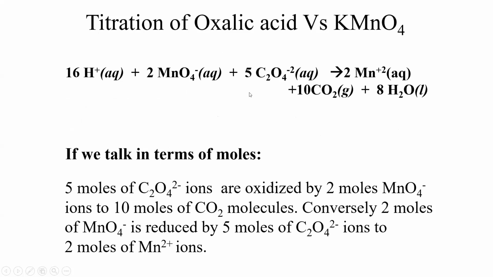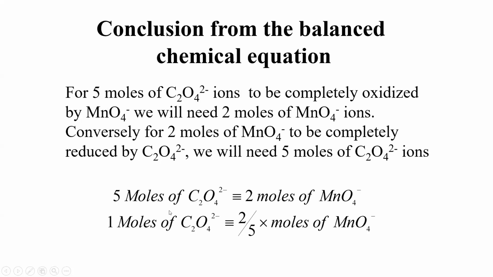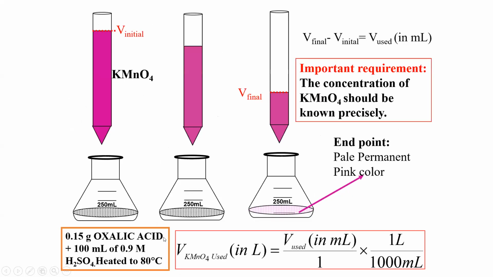You can see in the equation 5 moles of oxalate is oxidized by 2 moles of KMnO4. So if you want to find 1 mole of oxalate, it will be 2 over 5 moles of KMnO4. So the number of moles of oxalate is going to be 2 over 5 the number of moles of KMnO4. If you know the number of moles of your KMnO4, multiplying it by 2 over 5 will give you the number of moles of oxalate.